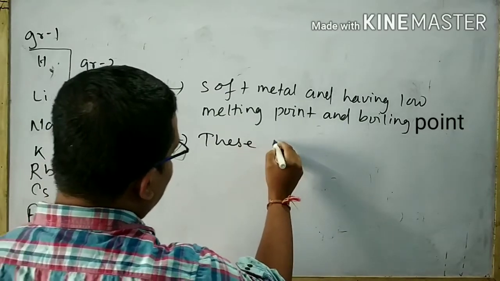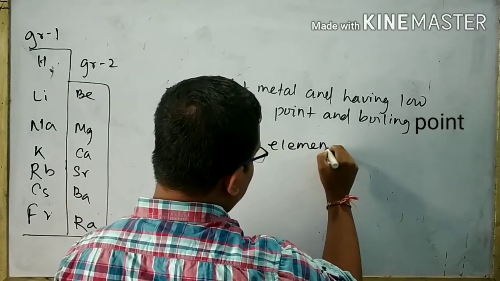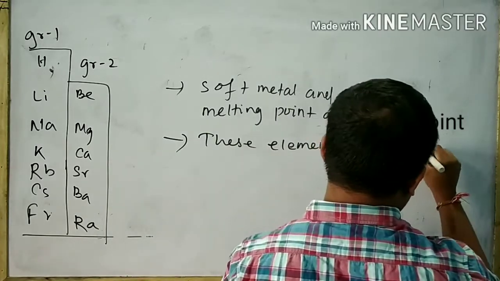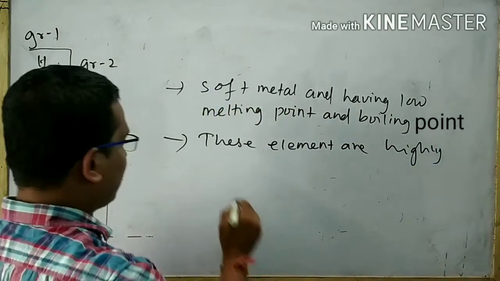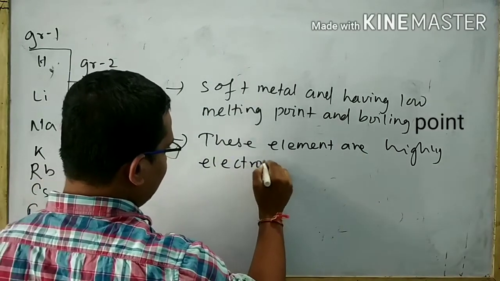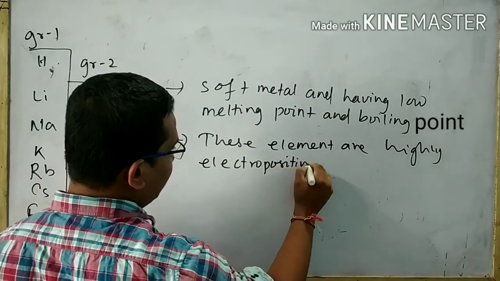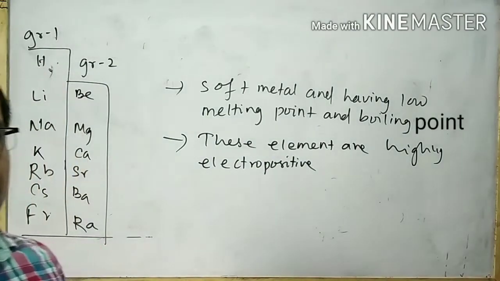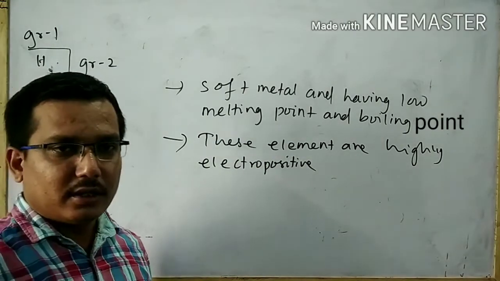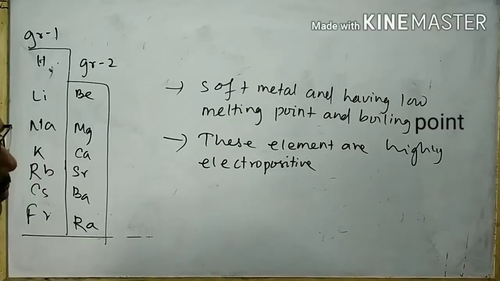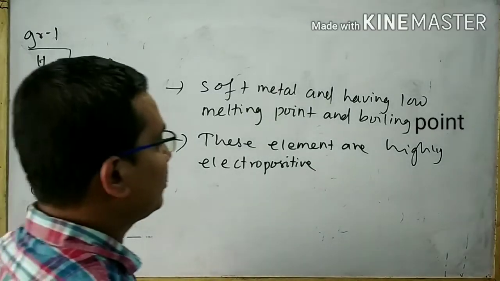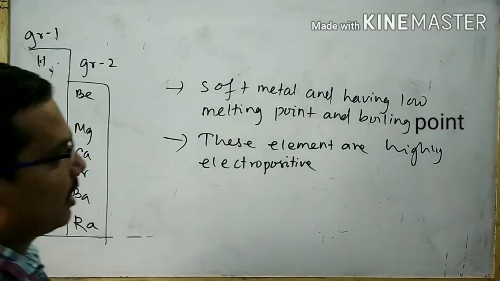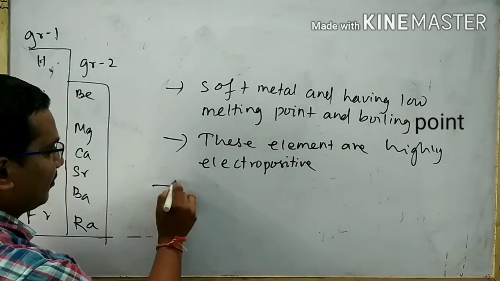These elements are highly electropositive. That means they have a high tendency to lose the electron and attain the positive charge very quickly. They have a high tendency to become a positive ion. So these elements are highly electropositive.